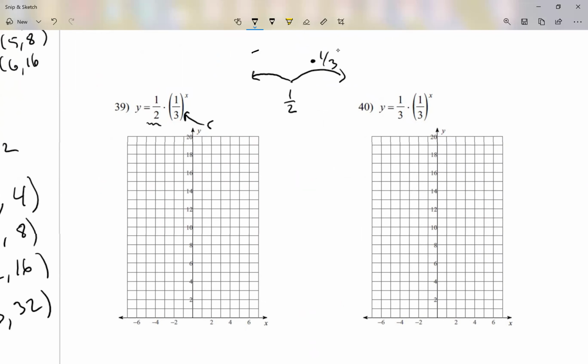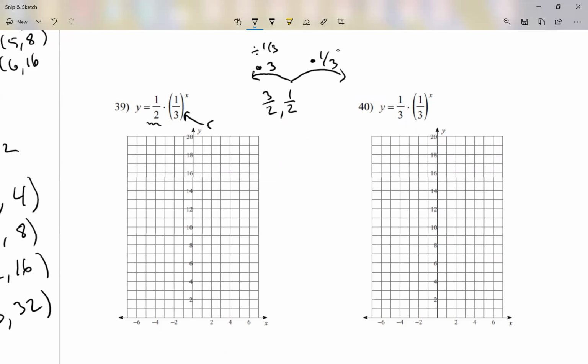But instead of dividing by 1/3, because in this case I divide by the ratio, I see this as multiplying by 3. Right? Dividing by a fraction is basically multiplying by the reciprocal. Notice I flip my fraction. All right, 1/2 times 3. Well, it's 3/2.